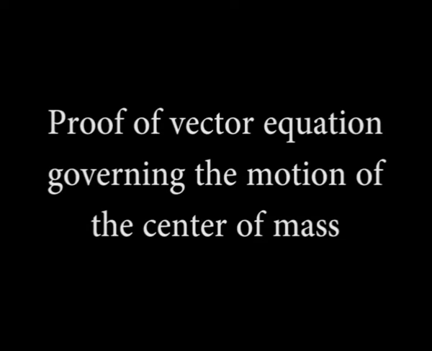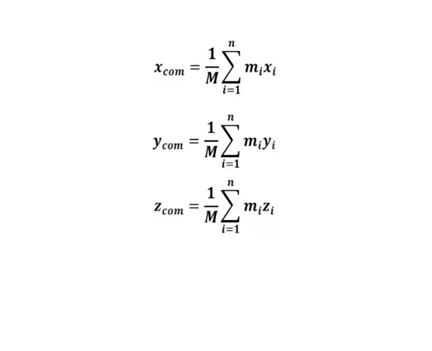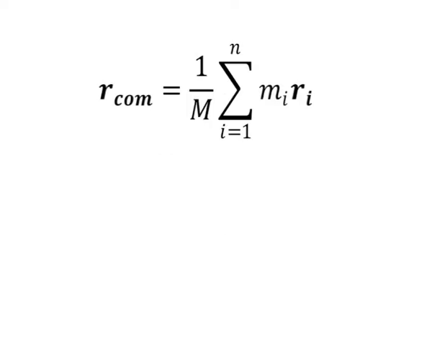Proof of the vector equation governing the motion of the center of mass. When we define the center of mass with the language of vectors, the three scalar equations identified by three coordinates can be replaced by a single vector equation as shown here, where r com is equal to 1 upon m sigma m i r i.